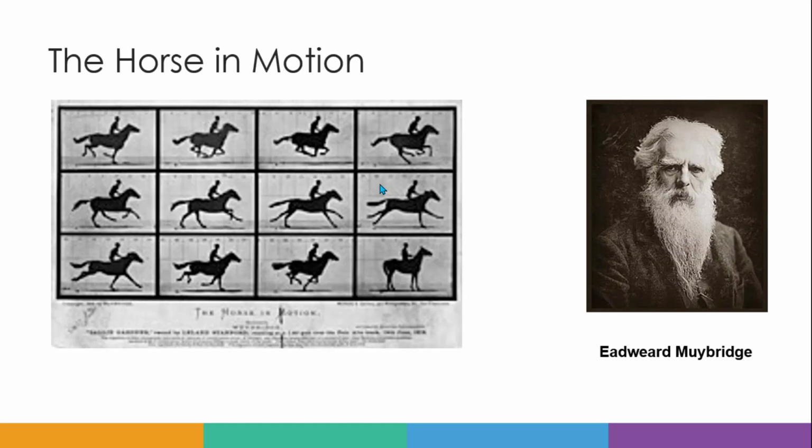So before we start talking about the sampling theorem, let us learn something about the horse in motion experiment. There was a scientist in the 1800s, his name was Eadweard Muybridge, and he had conducted many experiments by taking photographs of moving animals.